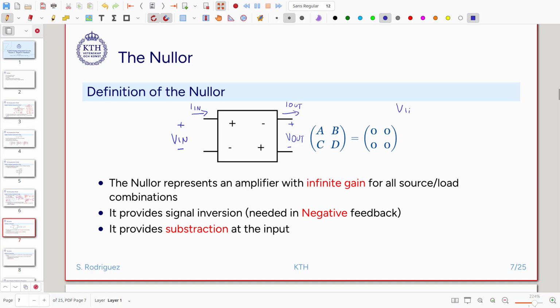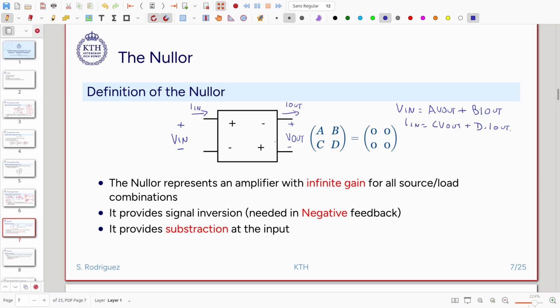And then we have said that the equations that govern the two-port network, if we consider this an ABCD two-port network, will be the following, and E in is equal to C I out plus D E out. Okay, so we have these equations, and then this is an ideal amplifier.